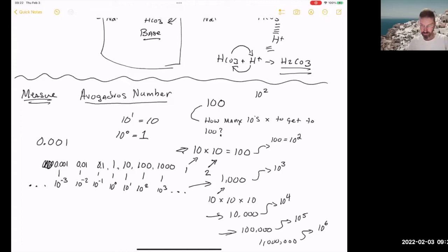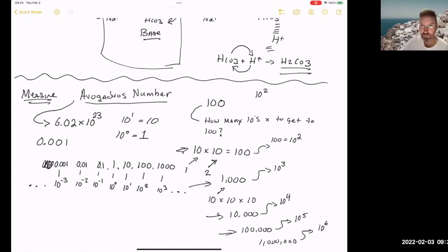So going back to Avogadro's number, it is a massive number. It's so large that we just write it in scientific notation, and it is 6.02 times 10 to the 23. So that's 6 with 23 zeros behind it, essentially.